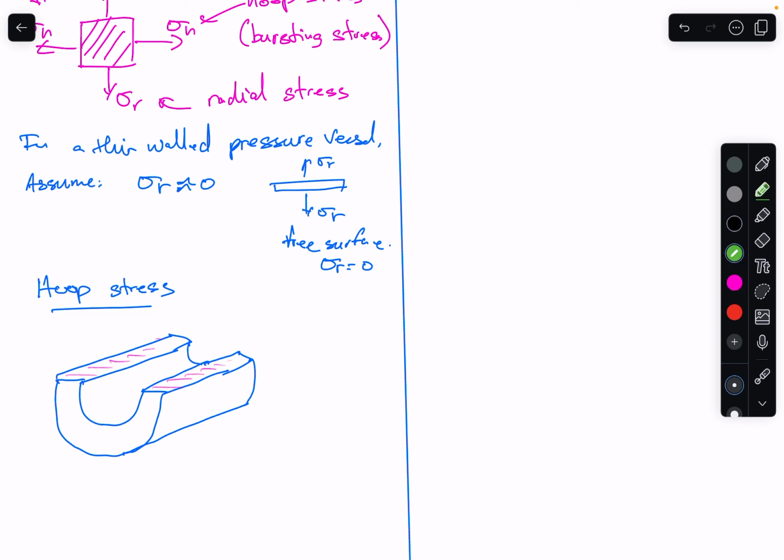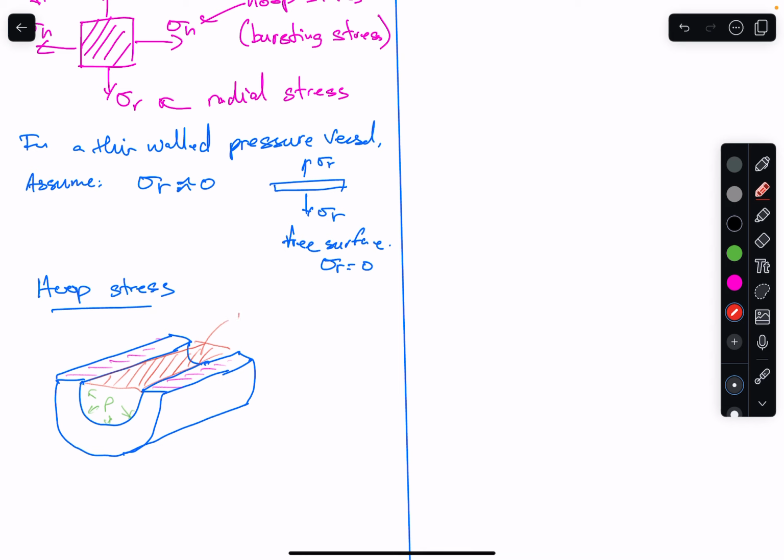So we now have a pressure that's being applied that's trying to open this pressure vessel, and we have an area in which that pressure is being applied.